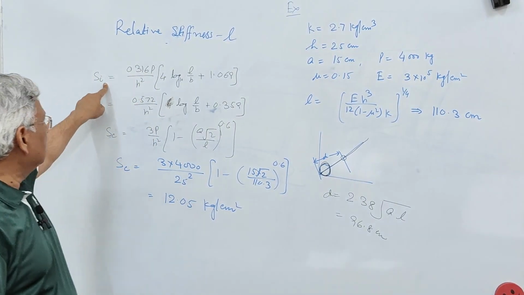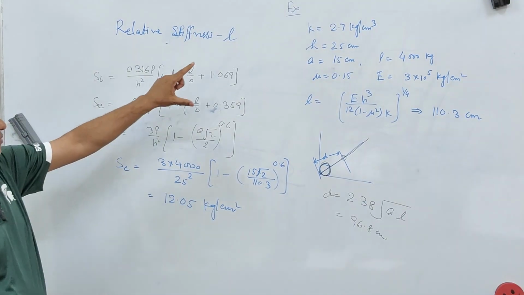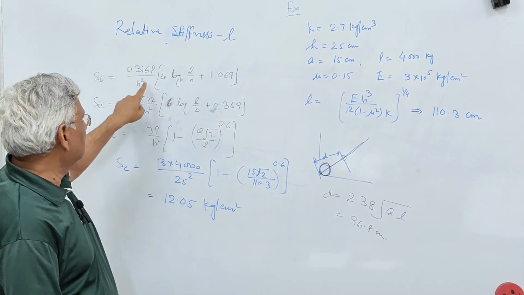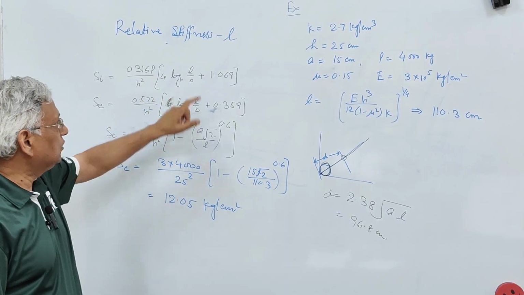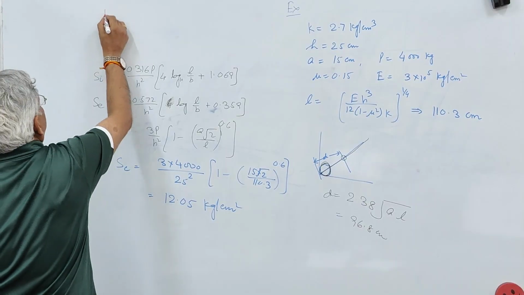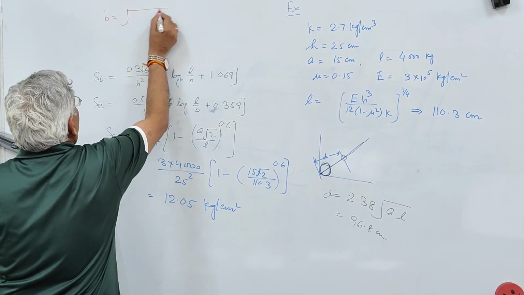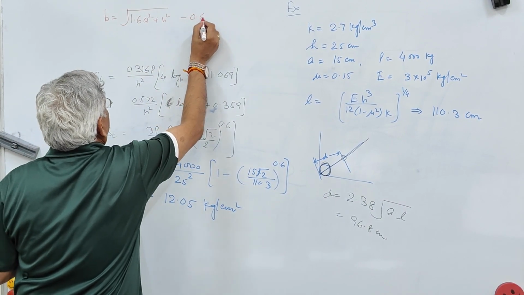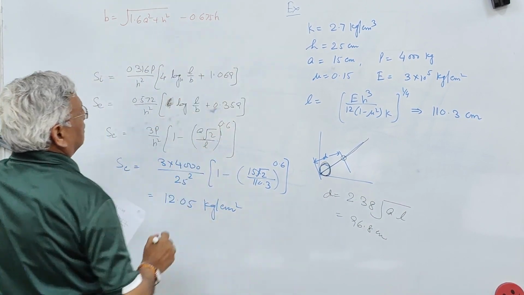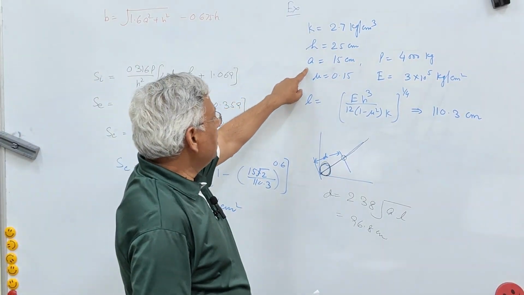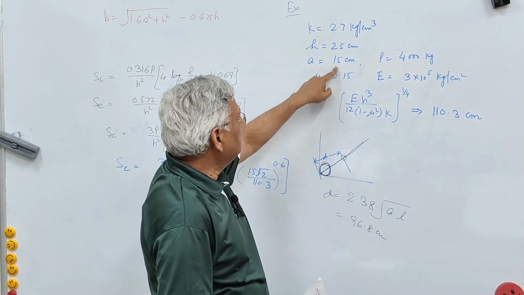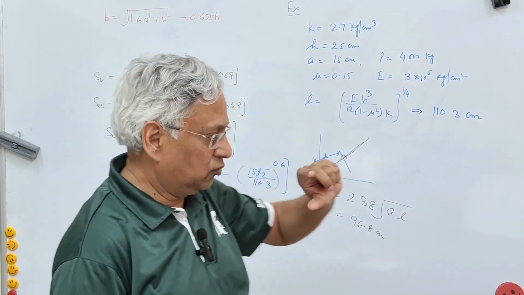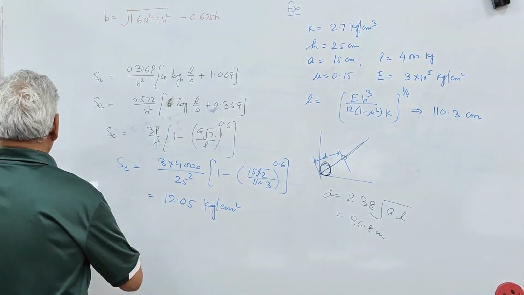If you want to find out what is the edge stress because of this load or interior stress because of this load, you can put the value of PL. Now you need to calculate B also. B will be square root of 1.6 A square plus H square minus 0.675 H. Because A upon H is 15 by 25, which is less than 1.725, and therefore we should use this equation to calculate.